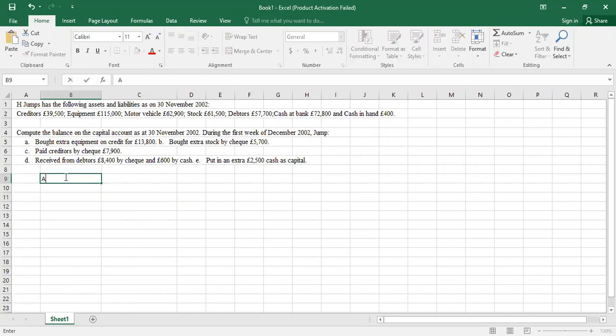So I'll have the assets on one side and the liabilities on the other side. I want us to first record the balances that you've been given up there. You'll be telling me the nature. We have creditors. What are creditors, assets or liabilities? Creditors are liabilities.